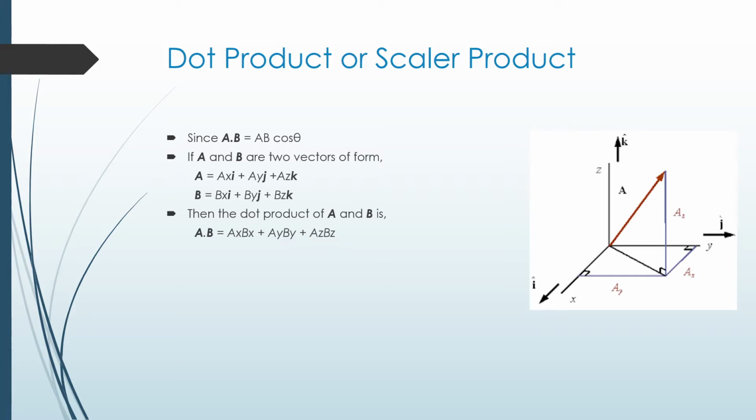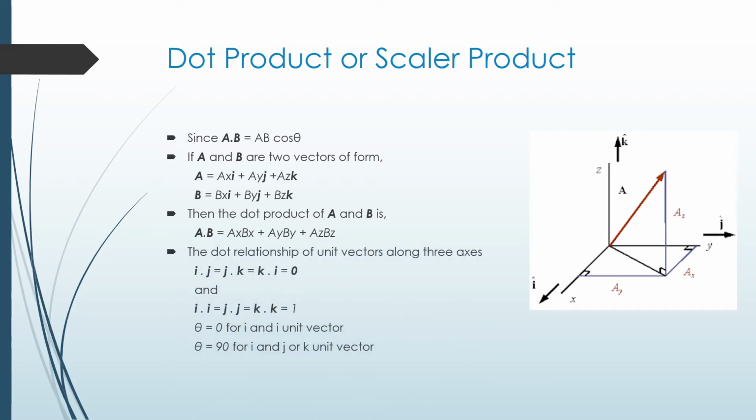Now, how did we get this result? Consider the following: if you take the dot product between i unit vector and j unit vector, or j unit vector with k unit vector, and similarly k unit vector with i unit vector, it will always be equal to 0.